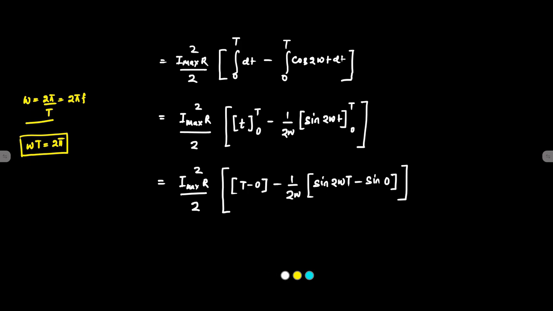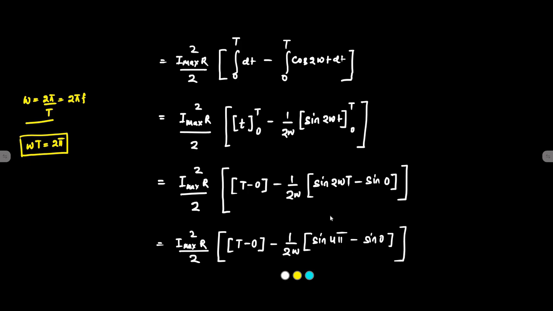So this will be I max square R by 2 times T minus 0, minus 1 by 2 omega, sine 4 pi minus sine 0.